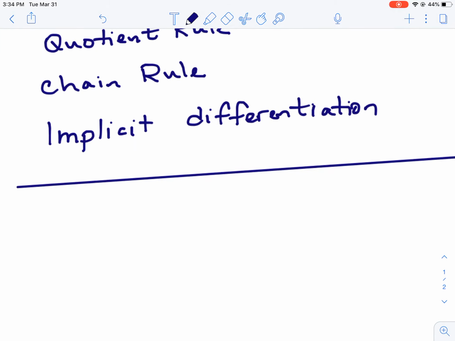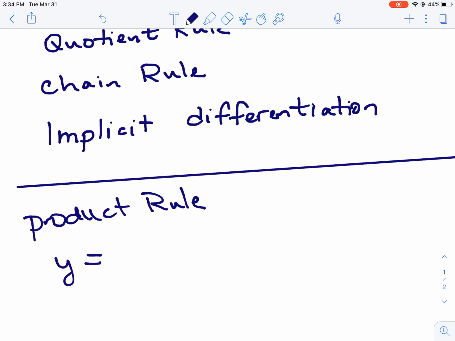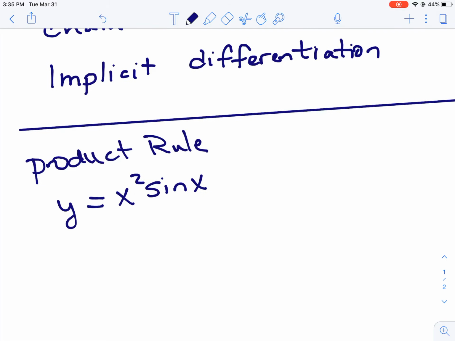All right, so here's an example of the product rule. I have y equals x to the second times the sine of x. Remember we have the first and the second. The product rule says the first times the derivative of the second plus the second times the derivative of the first.